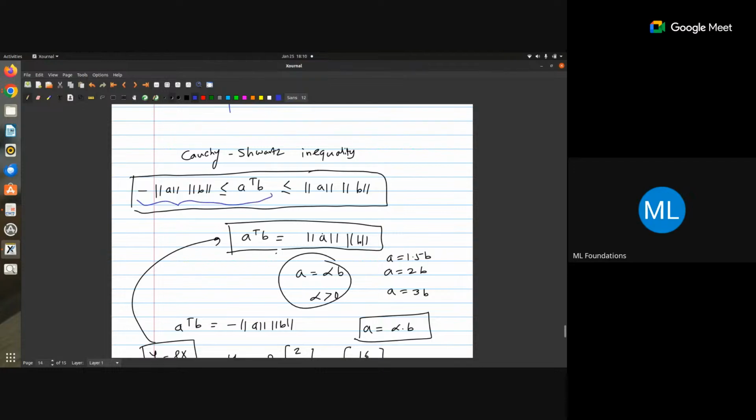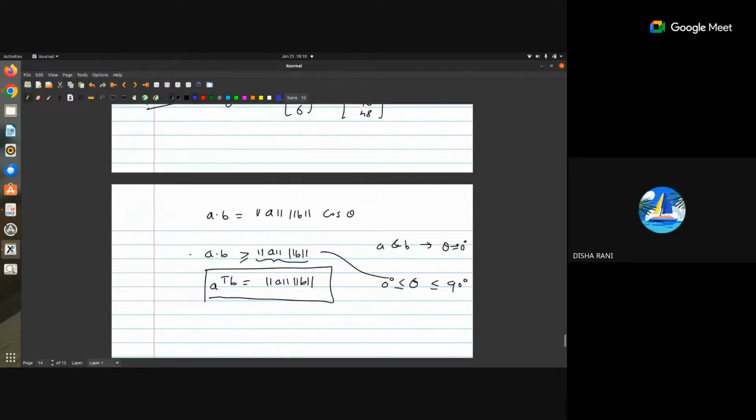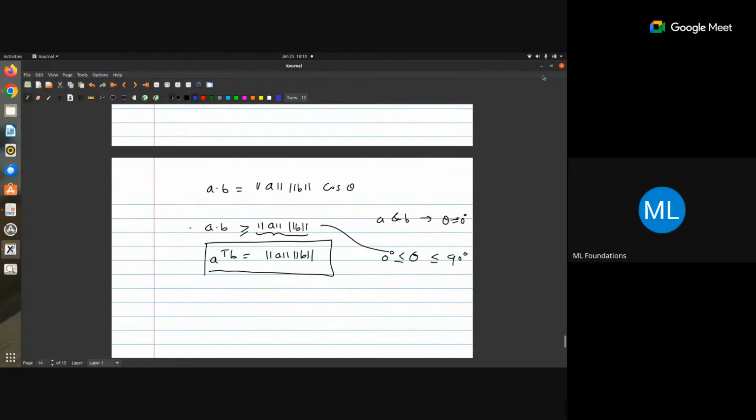That's fine? No doubts here? So what is the maximum value of the dot product between any two vectors? The norm products. Correct. That means the product of the lengths of those two vectors.